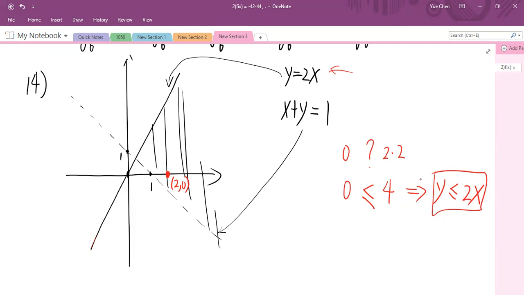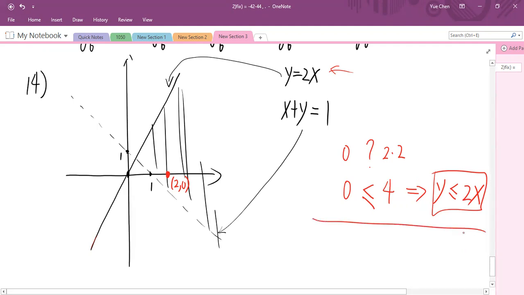Of course, we can test the second inequality to see if it is true. We are still plugging in this point because this point is in the region. So 2 plus 0 is less than or greater than 1?